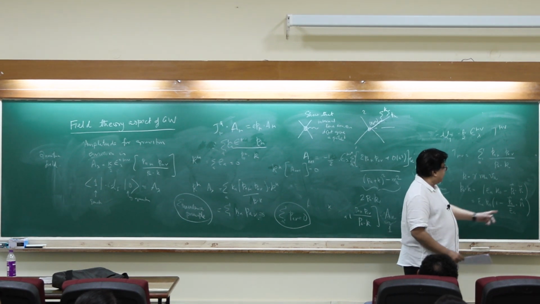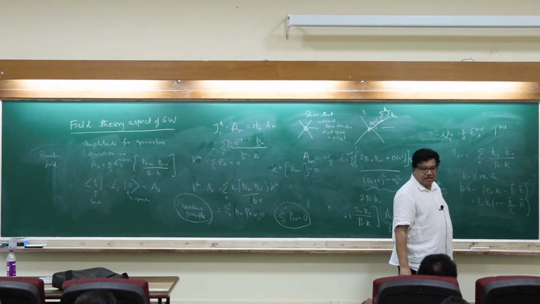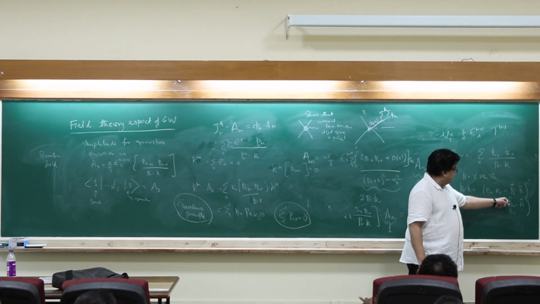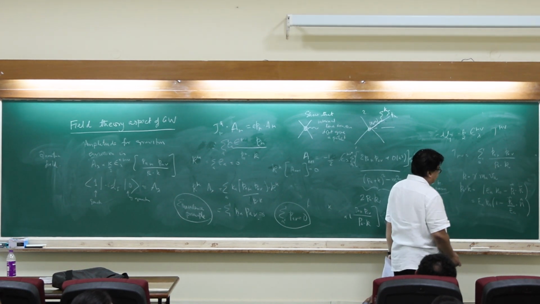So K divided by K naught is the n, the direction of the graviton. P A upon E A is just the V A.